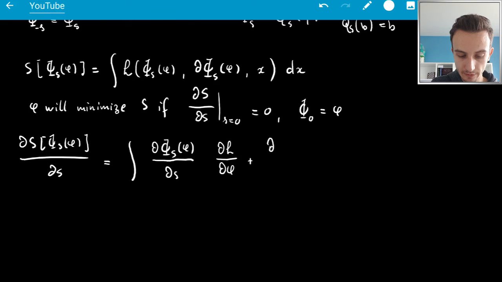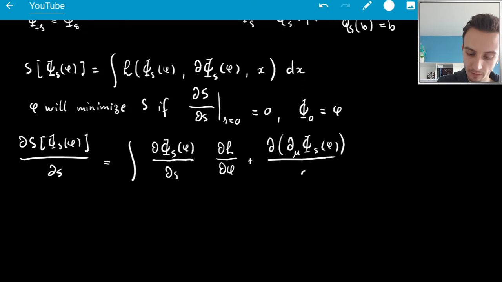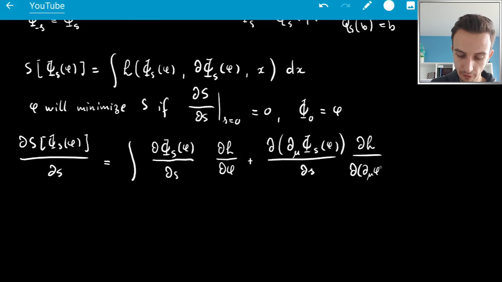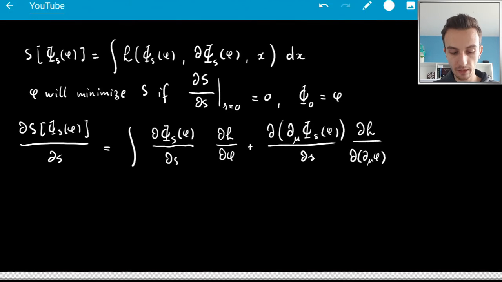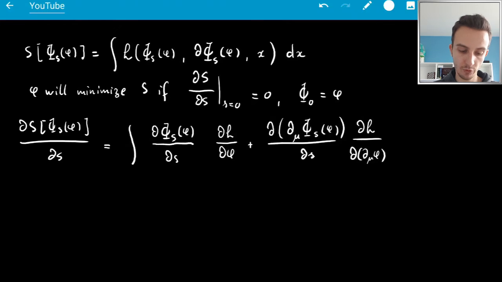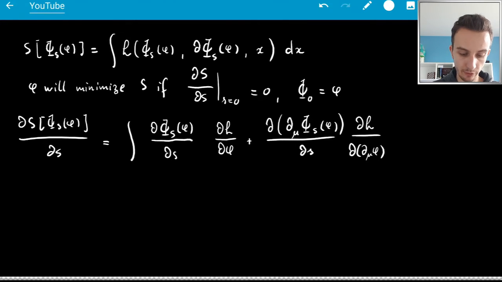And then the second one, so here we have del of, now I'm going to write this explicitly, so we have components. And then dL by del mu phi. Obviously here there's an implied sum, right? Einstein notation.